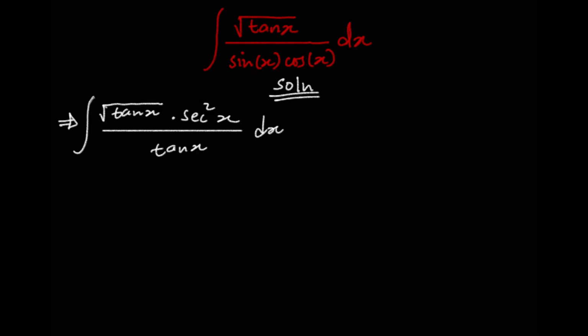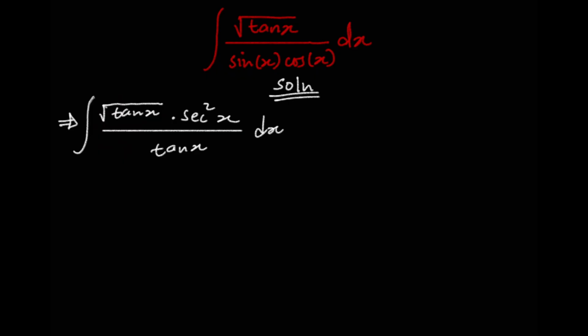Then from here, well, we have tan and then tan. Remember, the square root of tan is the same as tangent x raised to the power of half, isn't it? So if we bring this half to the denominator, the sign of half will change to negative half.